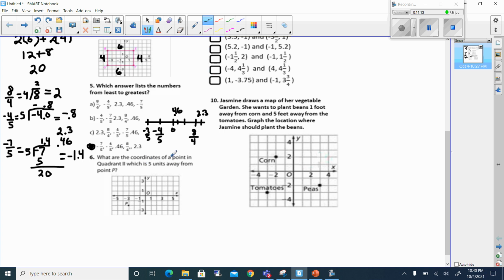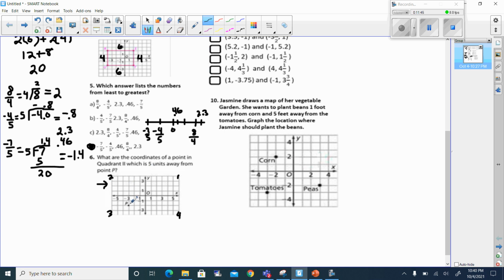Number 6, what are the coordinates of a point in quadrant 3? Remember, this is quadrant 1 over here, quadrant 2, quadrant 3, and quadrant 4. And they're saying, what are the coordinates of a point in quadrant 2? I'm sorry, I thought it said 3 before. So this quadrant right over here, which is 5 units away from P. Well, P is over here, and it has to be 5 units away.